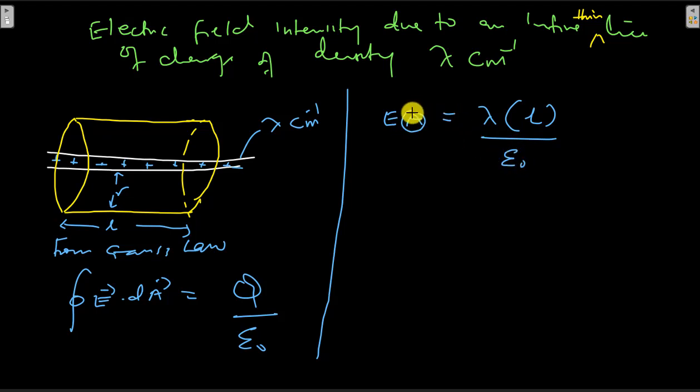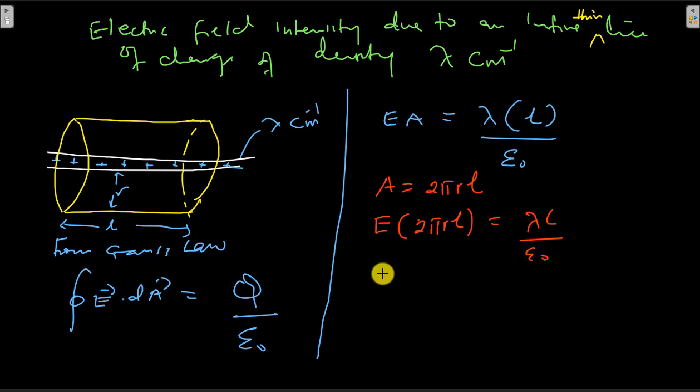The area of our Gaussian surface is the area of this cylinder, which is given by 2 pi r times L. So the electric field times the area of the Gaussian surface, 2 pi r L, equals lambda L divided by epsilon naught.